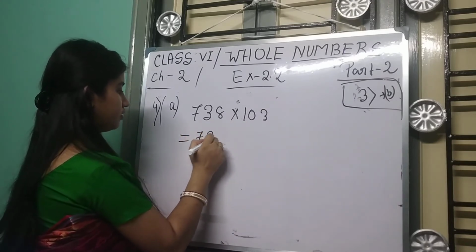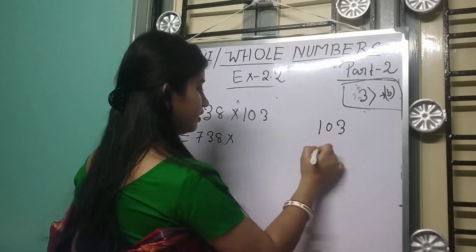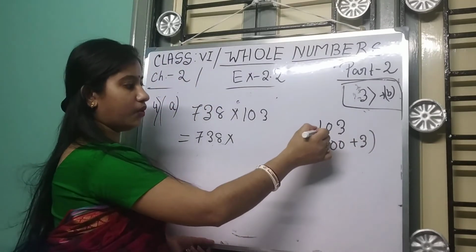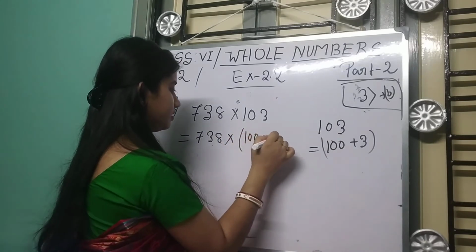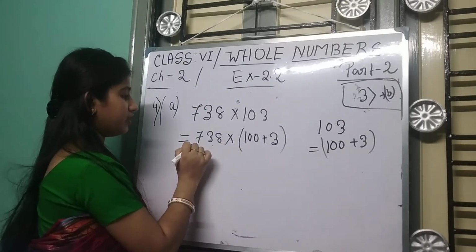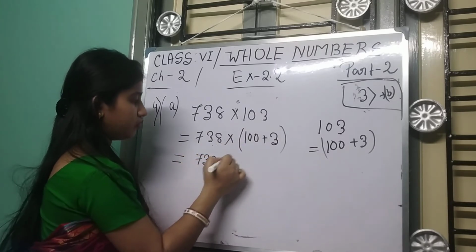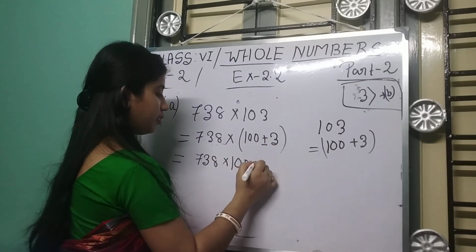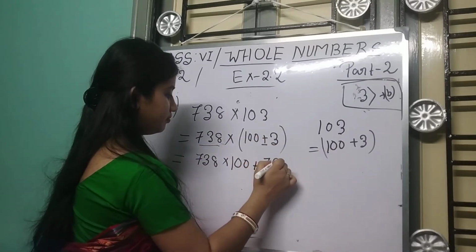Here in the second number we write 103 as 100 plus 3. Now by the distributive property we multiply this by this. So 738 into the first number 100, then this sign which is plus, and again we multiply 738 by the second number, that is 3.